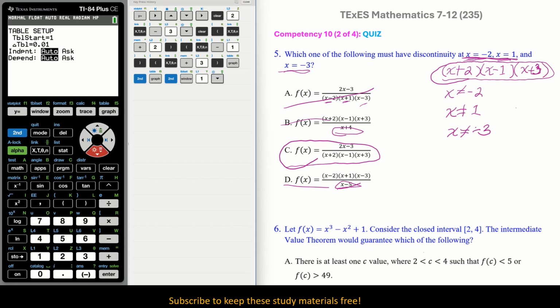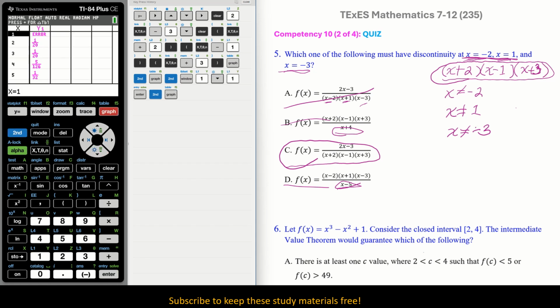So let's go down here, make this a 1. All right, now second graph. And there we go. And this tells us our y values are still rational. They're still fractions, so that doesn't matter.